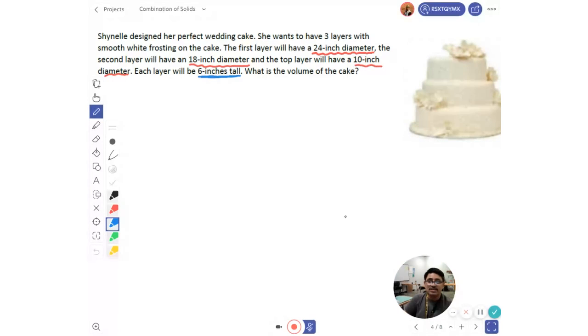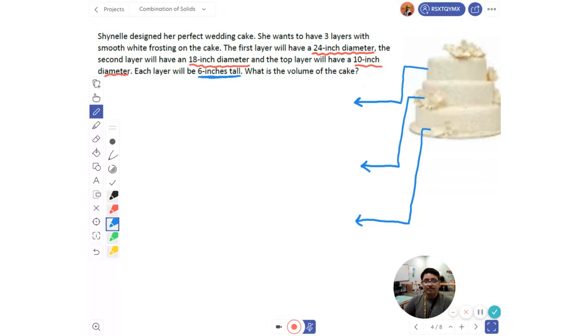I see that these 3 layers, each layer is resembling a cylinder, right? Therefore, I have to compute the volume of the top layer, and next I have to compute the volume of the middle layer, and next the volume of the bottom layer, and if I sum up, then I'll get the total volume of the cake.